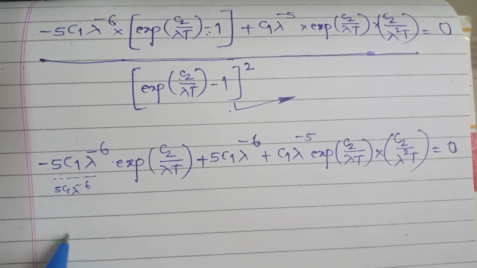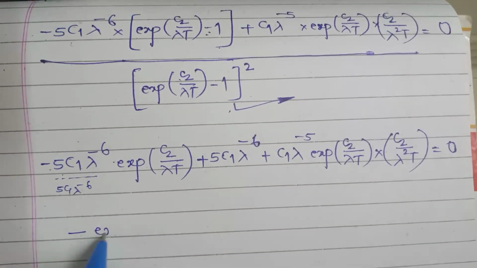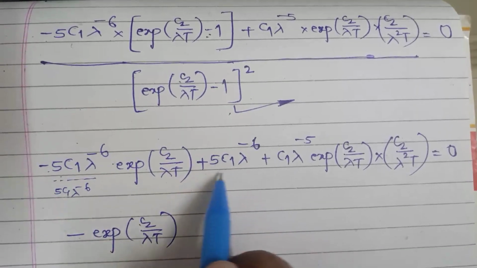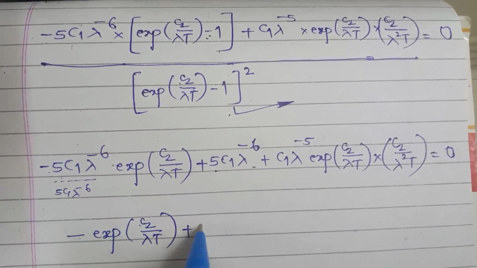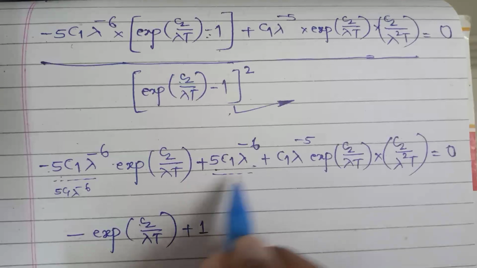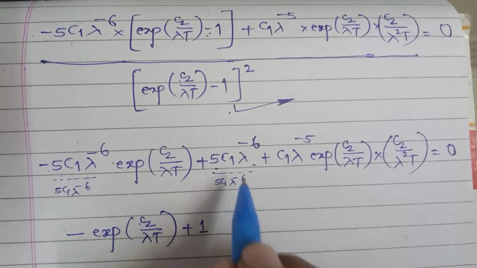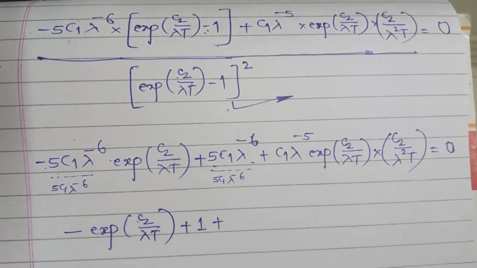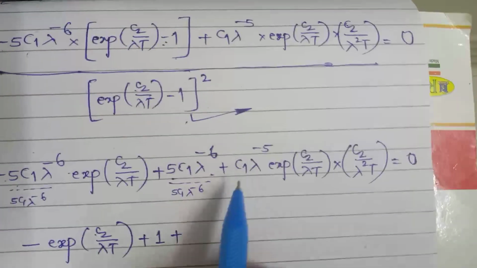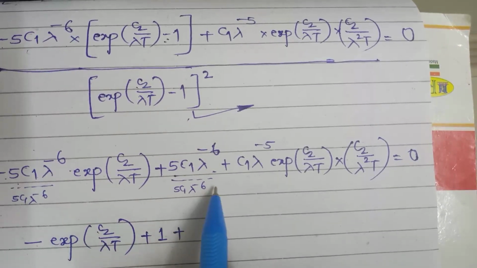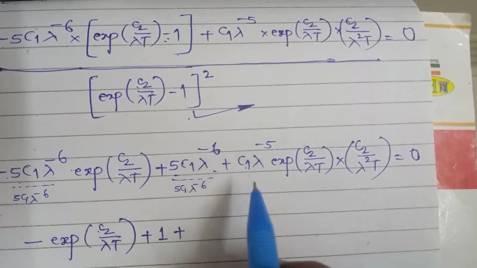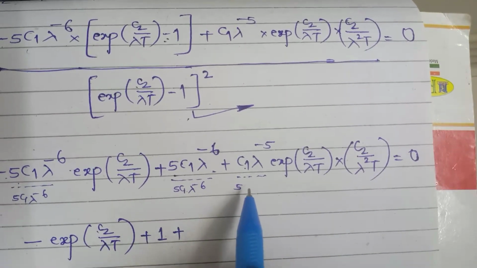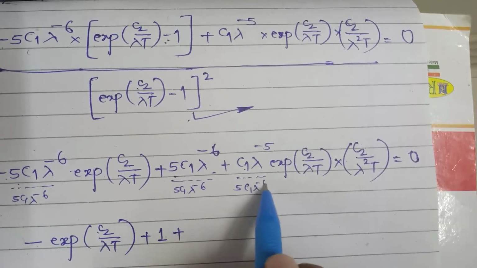So this will become only minus exponential of c2 by lambda t. This is already positive, so this will be only plus 1, because numerator and denominator cancel each other. Plus, now we are dividing it by 5 c1 lambda raised to minus 6.